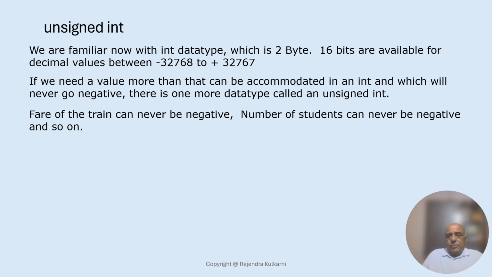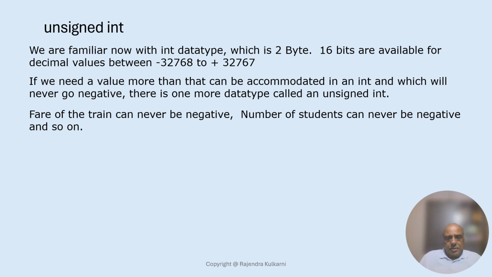We can use it when the number can never go negative, such as the number of students in a class. There cannot be a negative number of students, and there cannot be a negative fare in a train. So when we are going to use values which will never go negative, we can use an unsigned int.